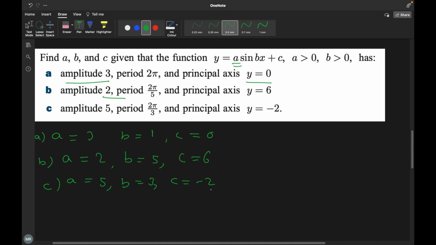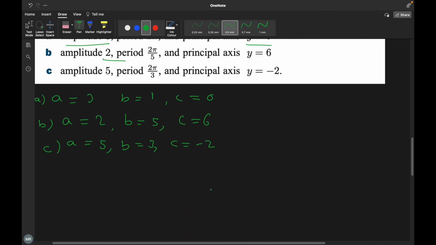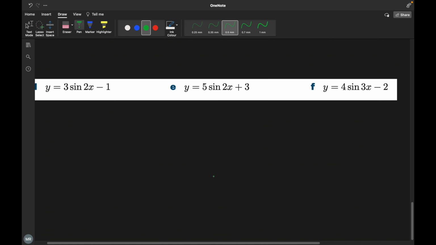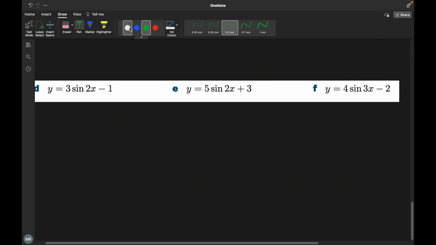Moving on, let's solve the last question. We have to draw the graph of the following. Let's start with y equals 3 sine 2x minus 1. First let's draw the graph of y equals sine x.